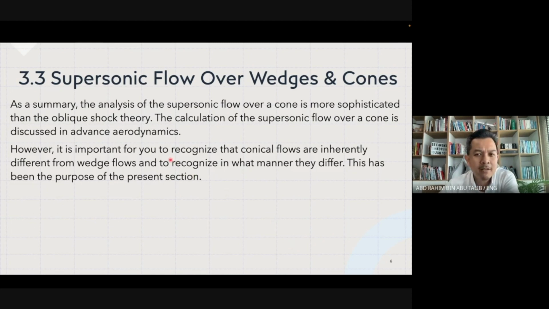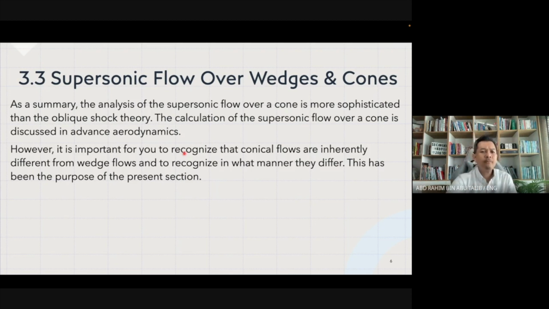As a summary, comparing the two situations just now, the wedge and the cone, the analysis of supersonic flow over a cone is more sophisticated than the oblique shock theory. The calculation of the supersonic flow over a cone is discussed in a much more advanced topic of aerodynamics.